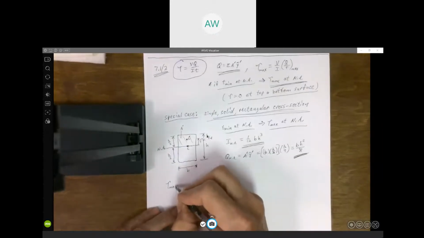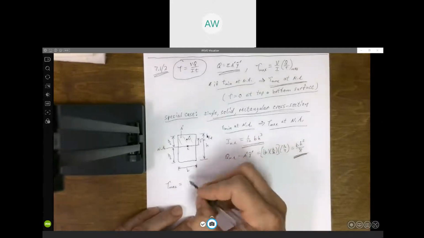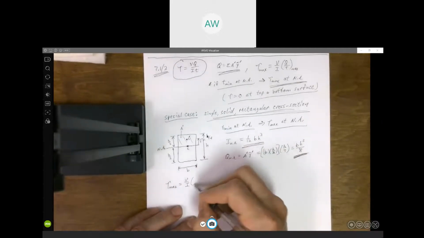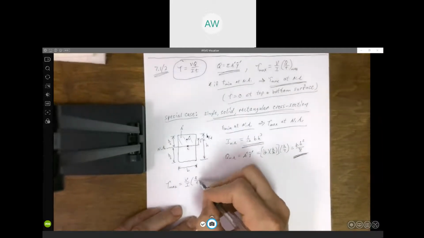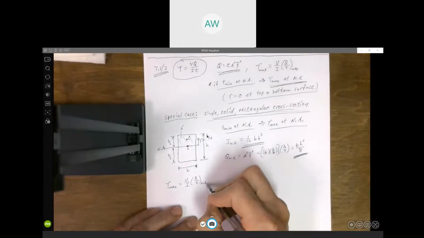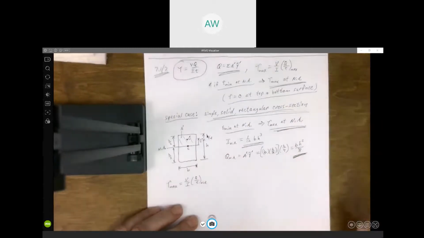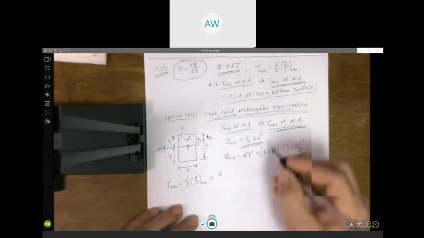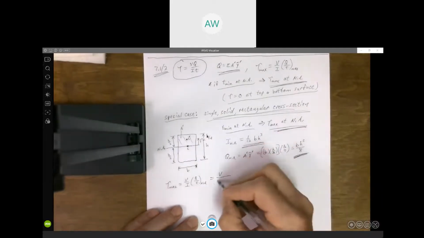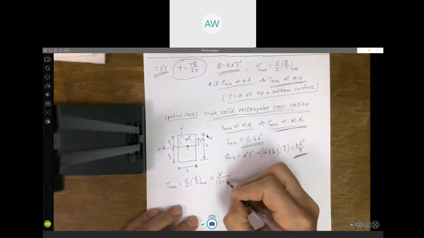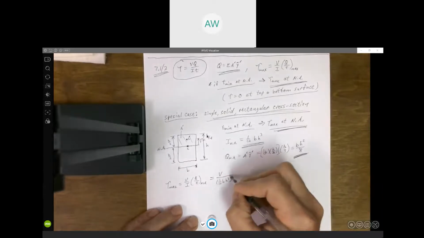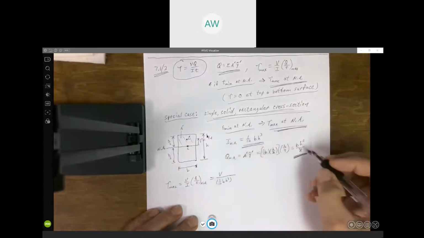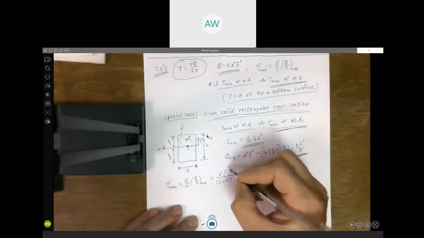So I know tau max is going to be V over I, and we're going to plug in Q over t at the neutral axis. That's where our maximum is going to be. So we've got V; for I, put in 1/12 base times height cubed; for Q, we put in b h squared over 8.